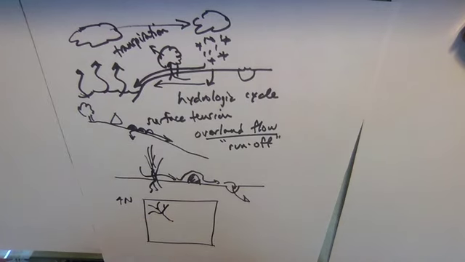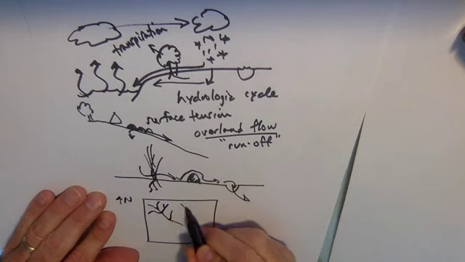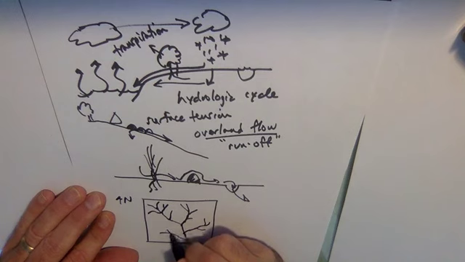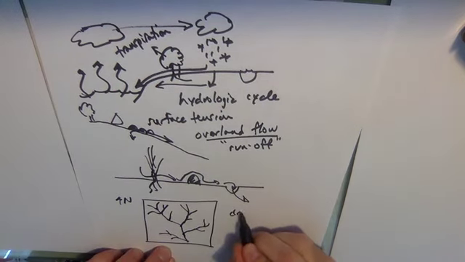Each one of those little lines is a stream, and the scale here might be a couple of miles across. And so once they come together, they don't diverge. If anything, they just continue to coalesce. And so you have multiple streams coming together, and more streams coming together, and as a result, the stream keeps getting bigger and bigger and bigger. And this is referred to as a drainage network.